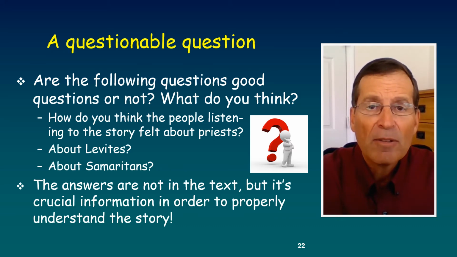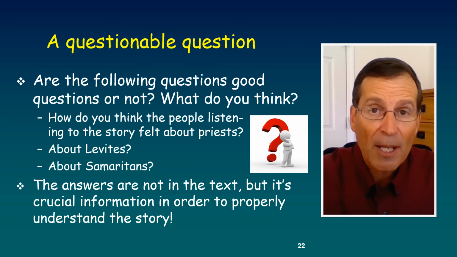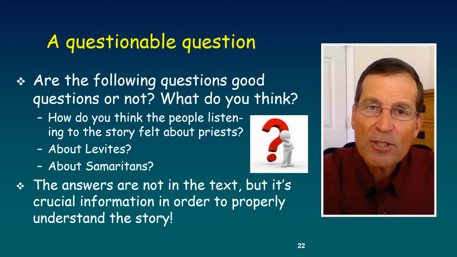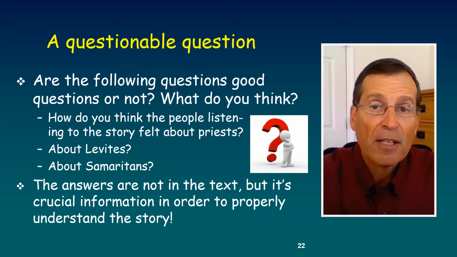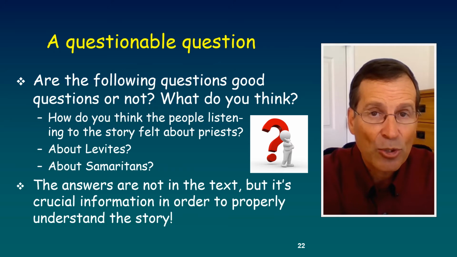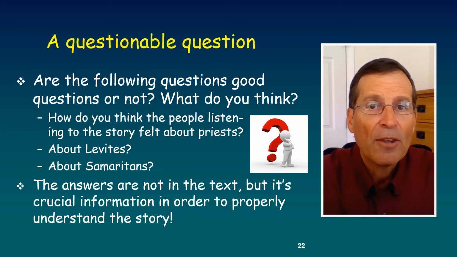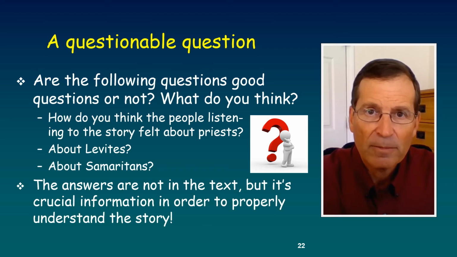The audience needs to understand that the Jewish priests and the Jewish Levites, or temple helpers, were leaders that should have helped their fellow Jewish man on the road. And they should understand that Samaritans were enemies and despised by the Jews. Once that is clear or made clear in the translation, then the point of the story becomes more clear.